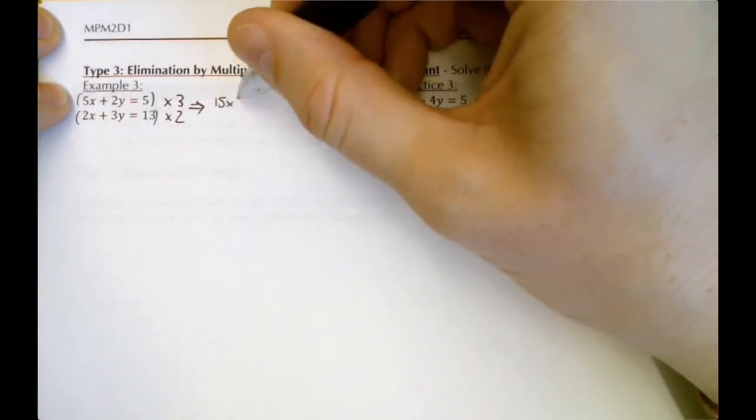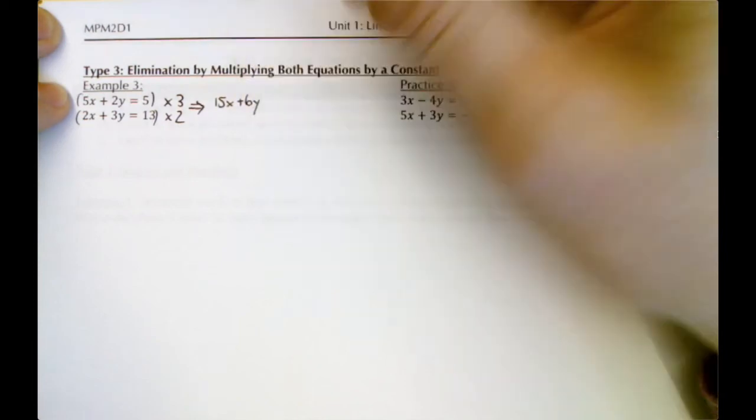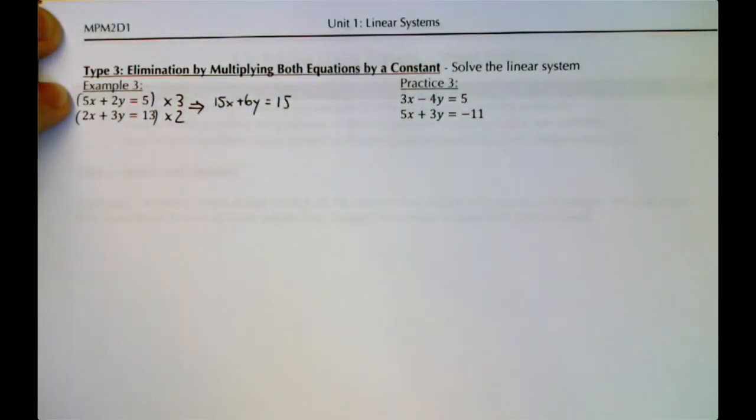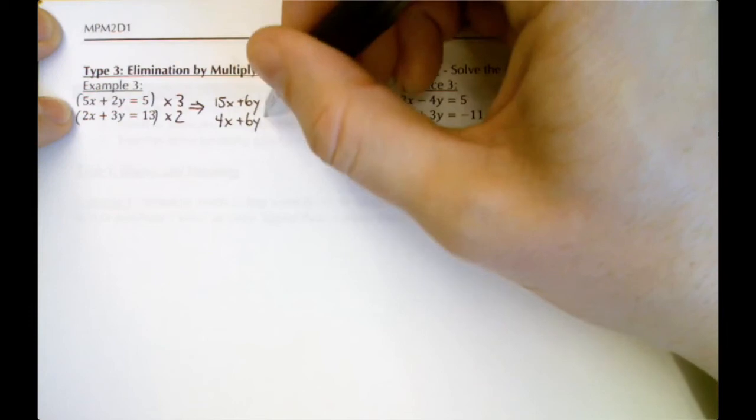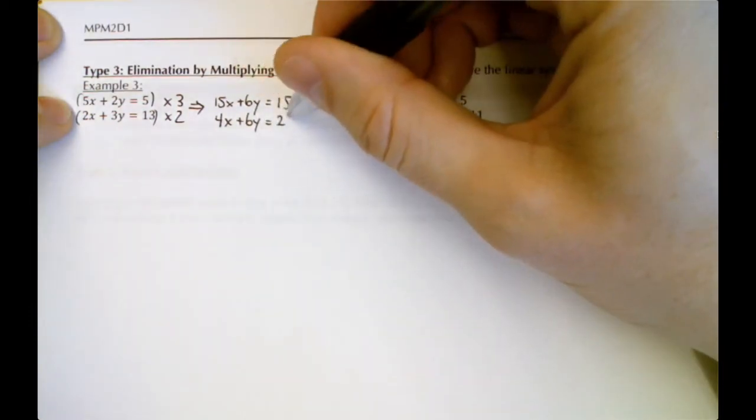First equation by 3 would give us 15x plus 6y equals 15. And the second equation by 2 would give us 4x plus 6y equals 26.